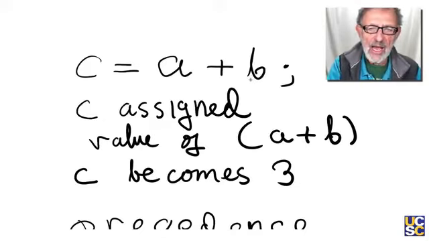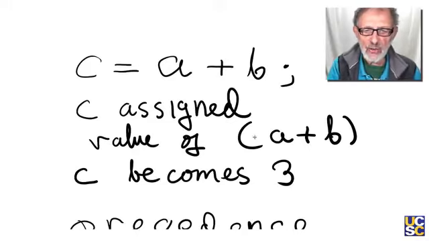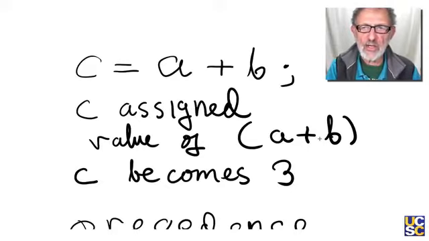So this is an assignment expression. Inside it is a binary plus operator, and that says c is assigned a value of, and here we use parentheses, a plus b. And parentheses are critical in the C language when you're evaluating expressions, because they always override any other part of the expression's precedence.